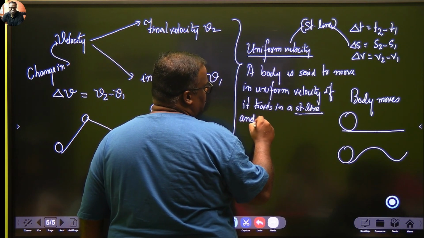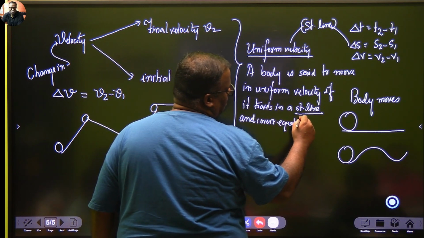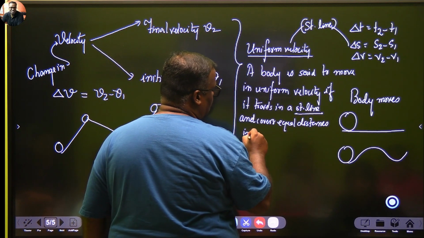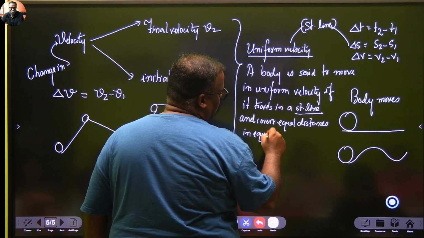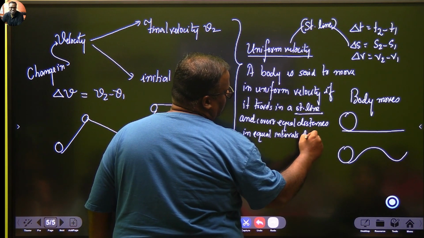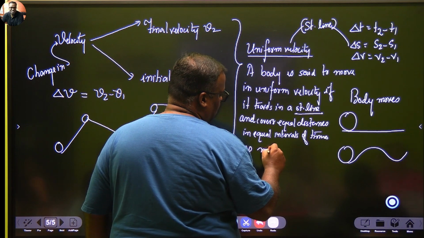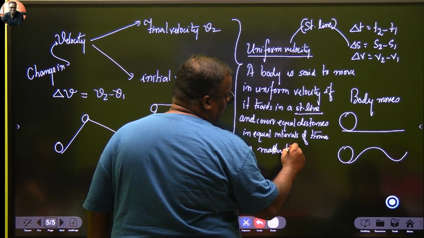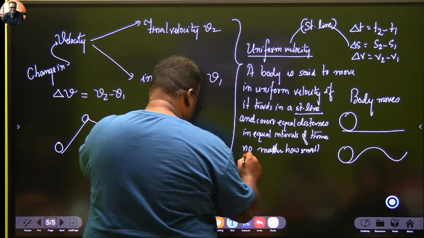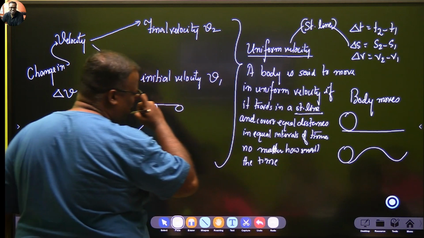And covers equal distances in equal intervals of time, no matter how small the time intervals are. And how is it different from uniform motion? That straight line word is not there.